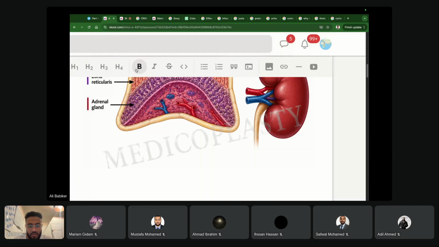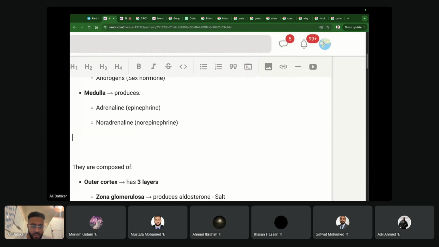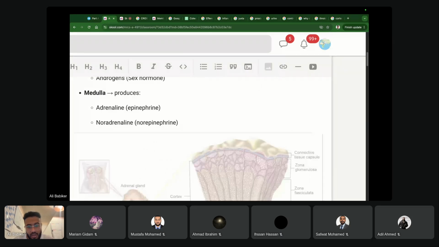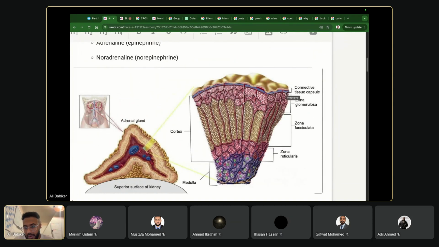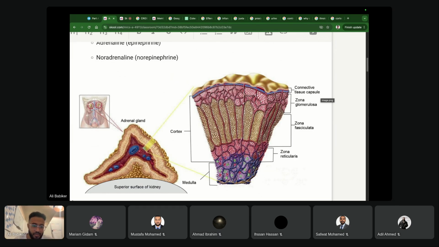Let me just take it out. I don't want anything that's not accurate. Okay, so when you go deeper, it gets sweeter. Aldosterone, salt. Fasciculata, sugar, cortisol. And then reticularis, sex hormone.